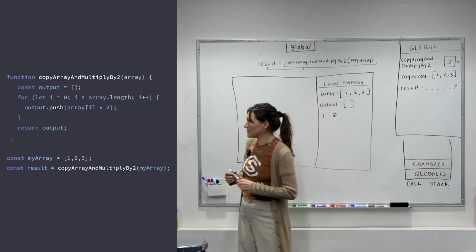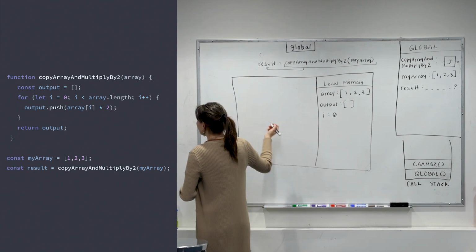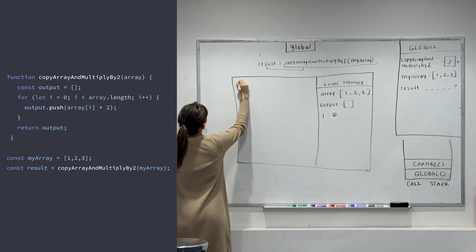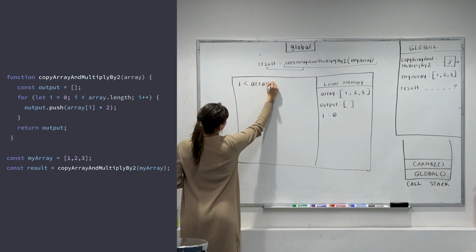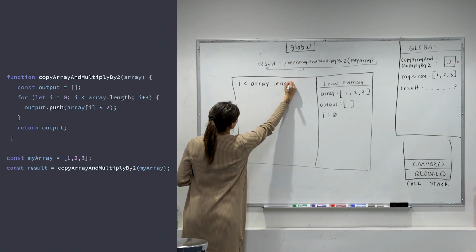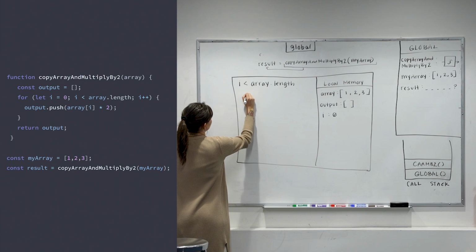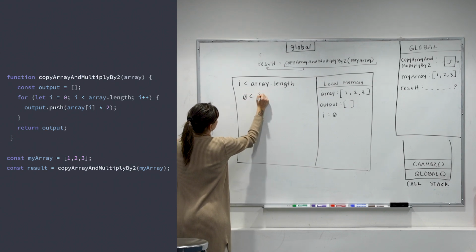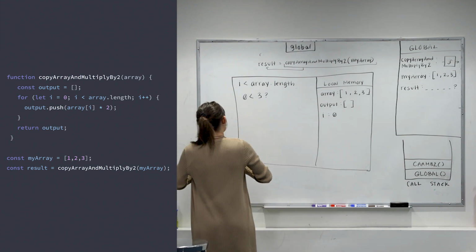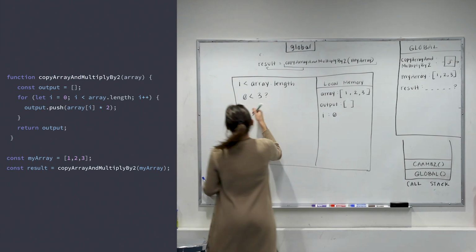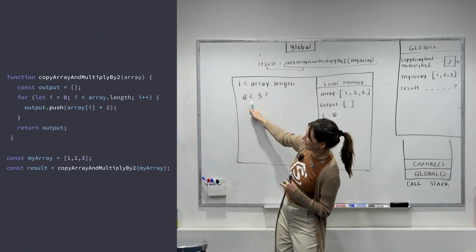Okay, super duper. So we've set up our for loop. We have I in our local memory. And we know we need to check if I is less than our array.length. So on our first iteration, is I, Taylor, less than our array length, which you said was 3? It is not, so we're going to enter the block. Wait, 0 is definitely less than 3, sorry.